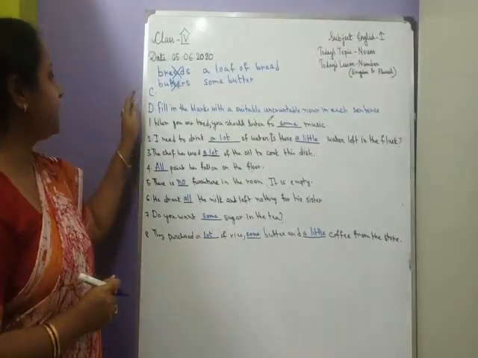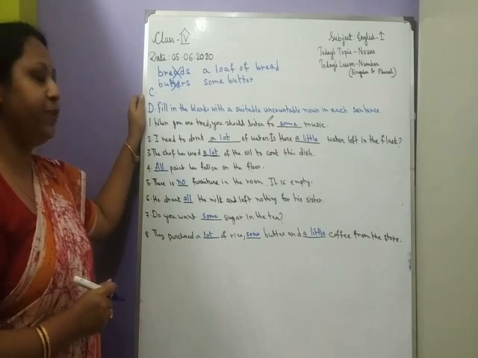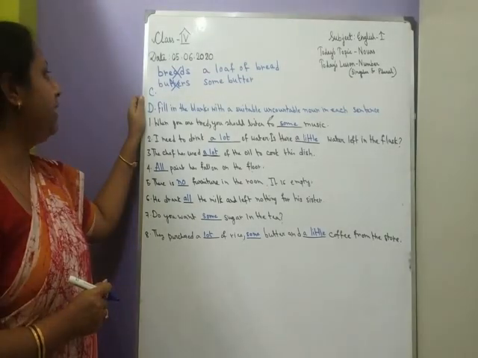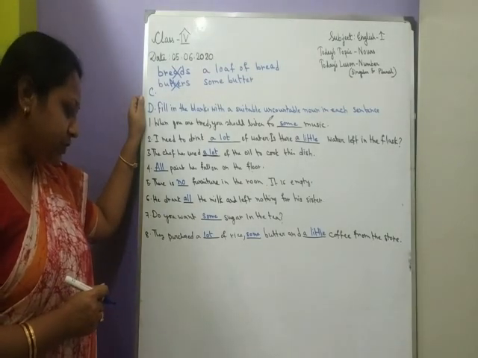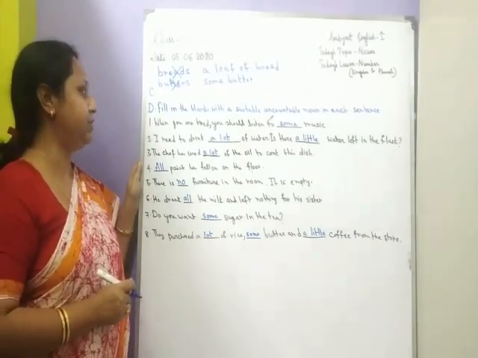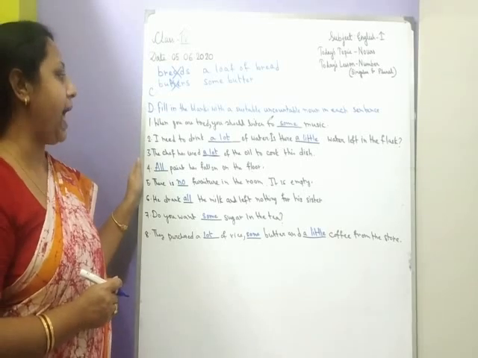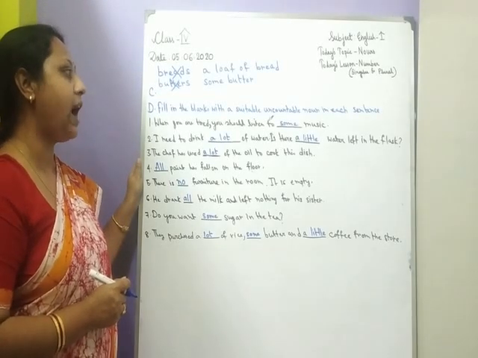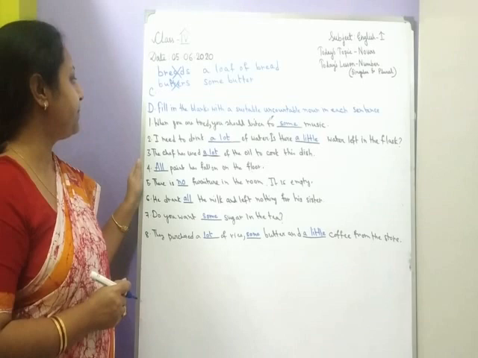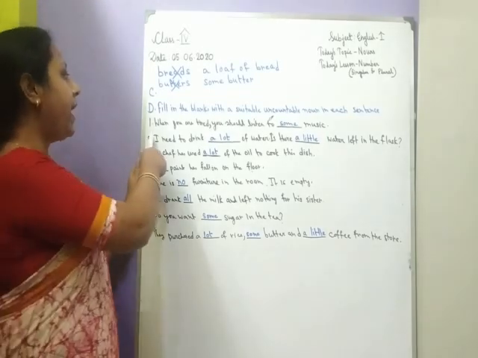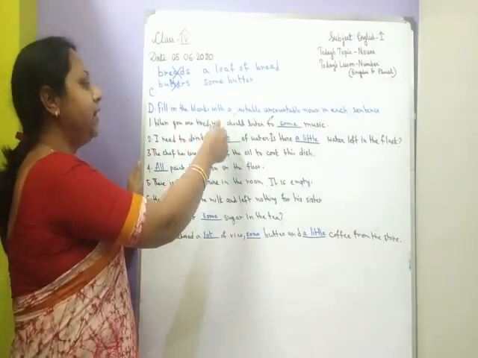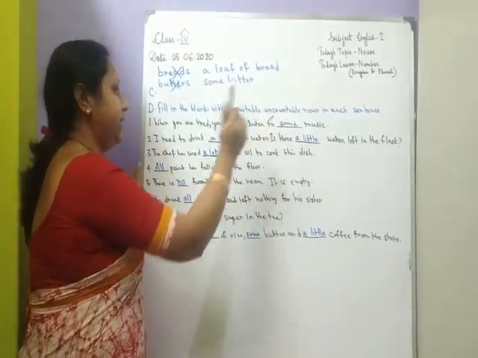Now, exercise C, you try to do it yourself. Here, you have to classify the countable nouns and uncountable nouns. Come to exercise D. Fill in the blanks with a suitable uncountable noun in each sentence. Number 1. When you are tired, you should listen to some music.